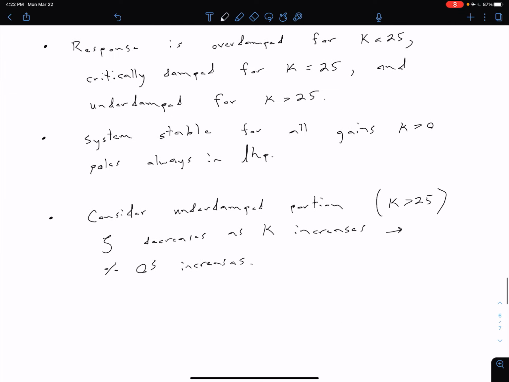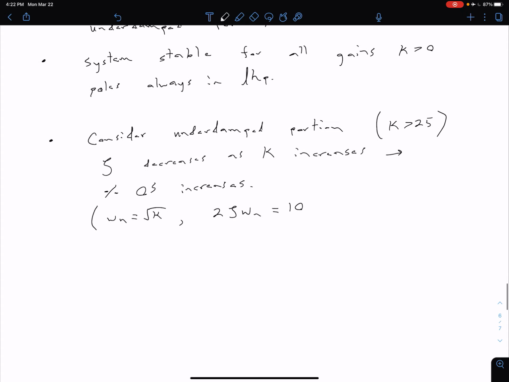So we can say our omega n is equal to square root of k, but our 2 zeta omega n is fixed at 10 in this case. And so what that means is that if our k is varying, our omega n is varying, but because this has to stay at 10, with our omega n increasing, that means our zeta has to be decreasing.